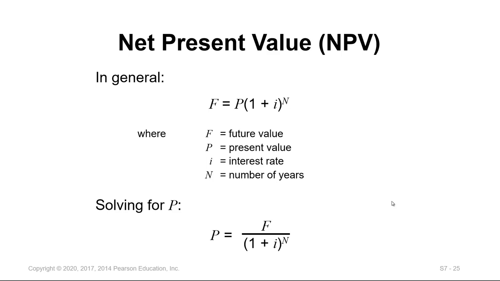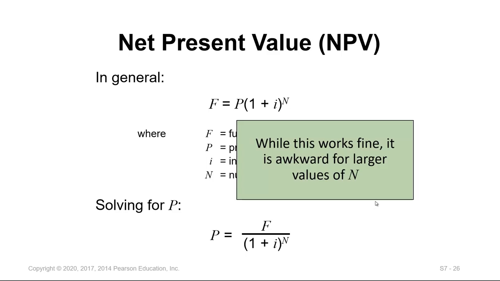The formula shown in this slide will be used to calculate the net present value for alternatives. While this works fine for some cases, it might not be reasonable for larger values of n, like the number of years for investment. When it goes above a certain number of years, it will not be feasible or reasonable.